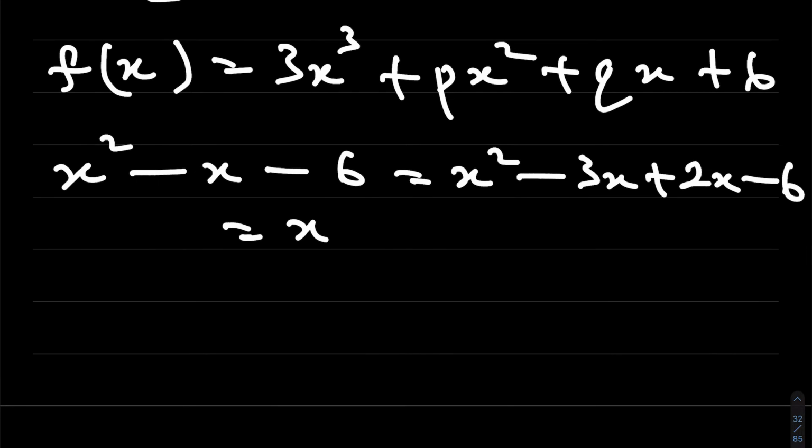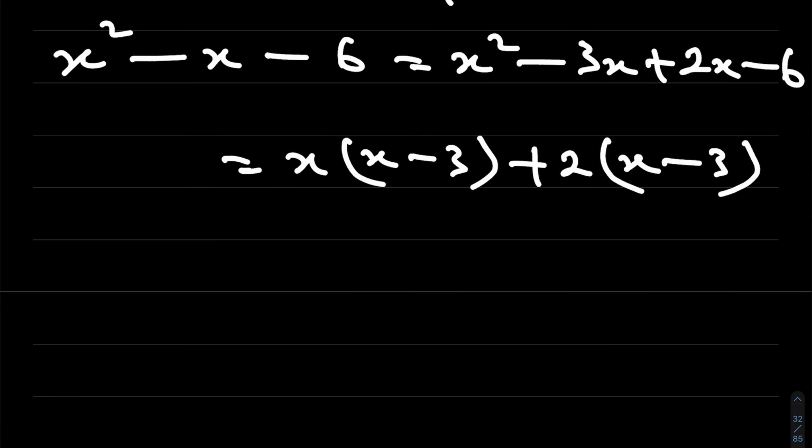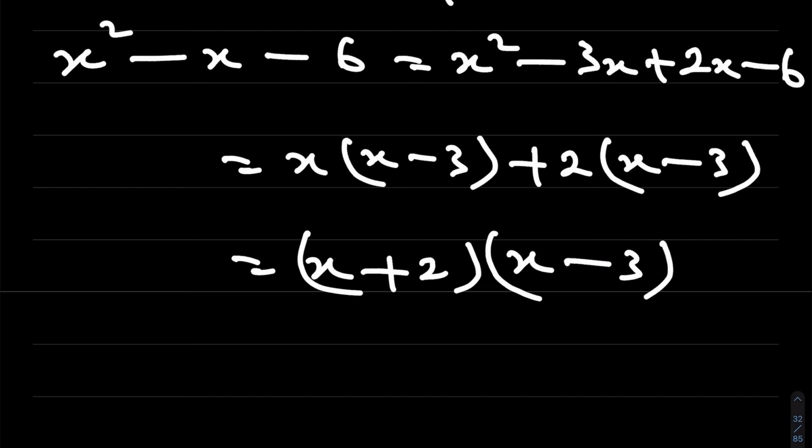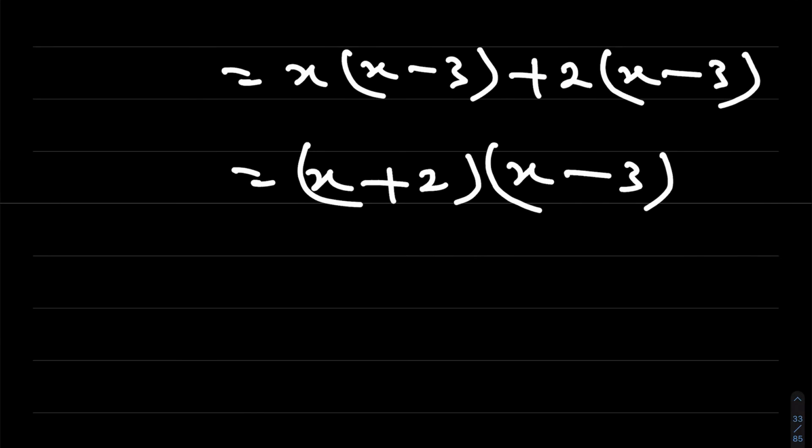And that's equal to x into x minus 3 plus 2 into x minus 3, which is x plus 2 times x minus 3. That means x plus 2 and x minus 3 are also factors of f of x.